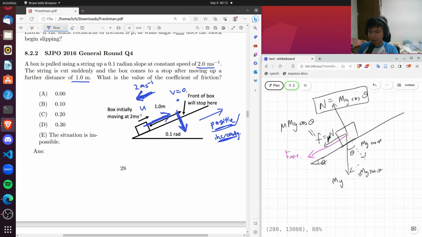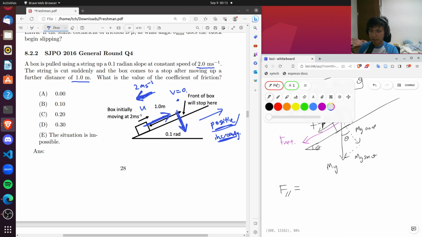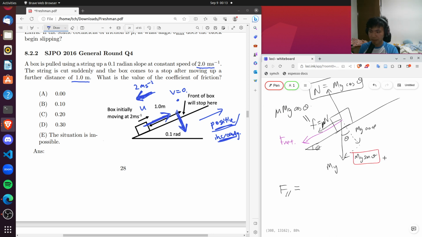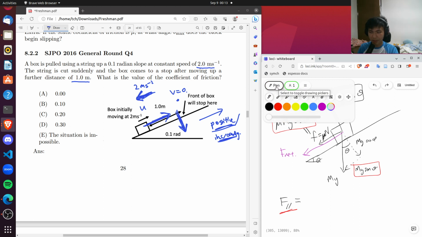And so if we sum up all the forces, the net force in the parallel direction is, number one, gravity in the parallel direction. The normal contact force is purely perpendicular, so there's no contribution of the normal contact force to the parallel component of the net force. The other one is mu mg cosine theta, which comes from the frictional force, which is parallel to the slope.